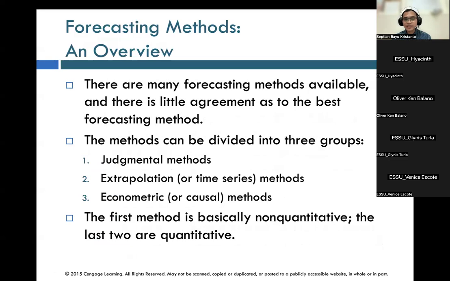And then for the forecasting methods, we only have three kinds of groups. Sometimes we can make forecasts from judgmental methods, based on our best knowledge. Then, as statistical models, we have extrapolation or time series methods, based on time series evidence.